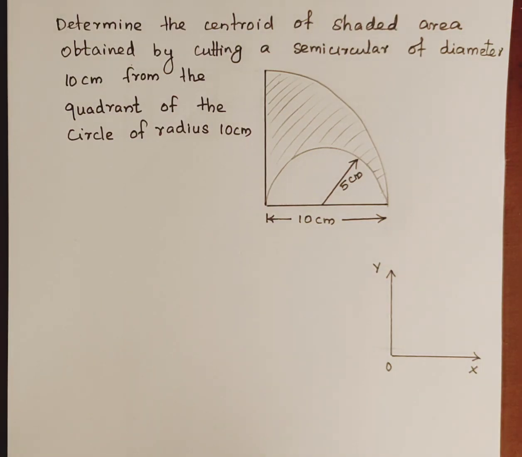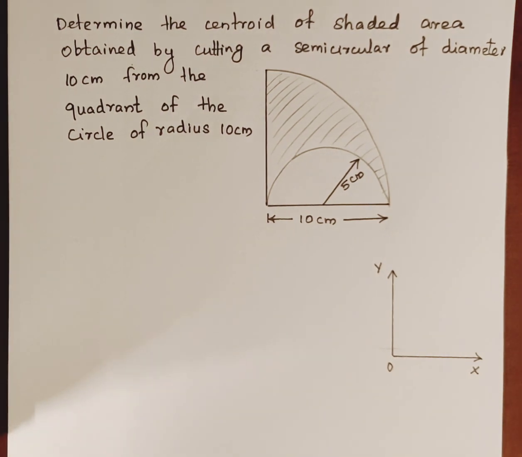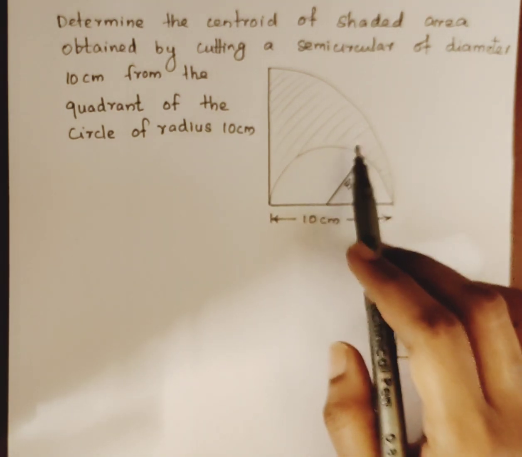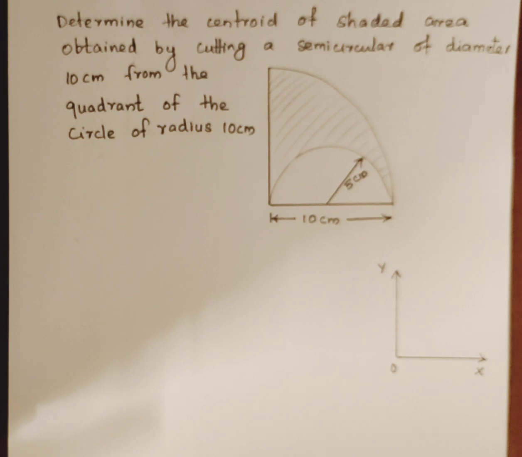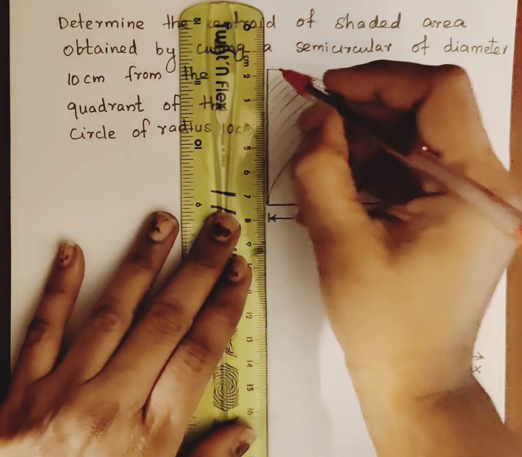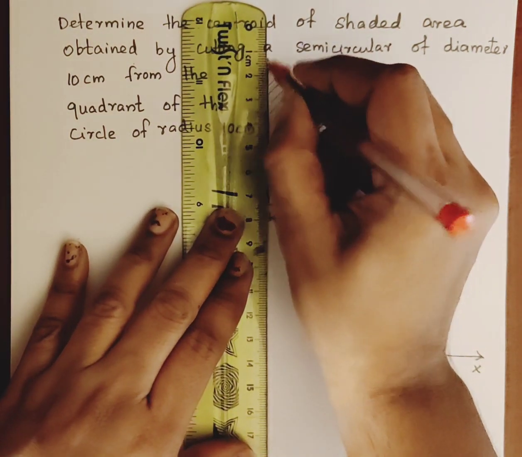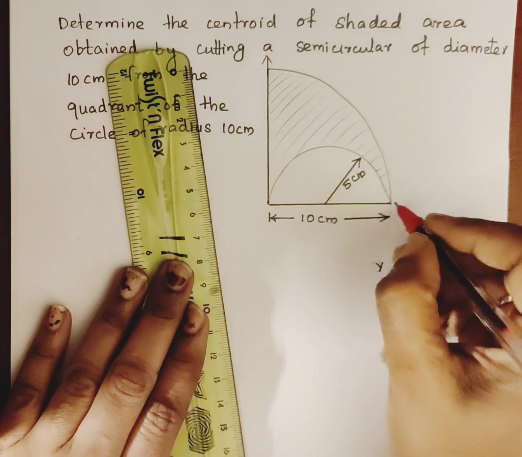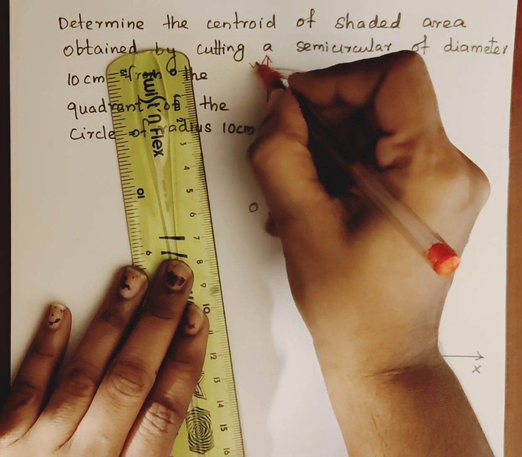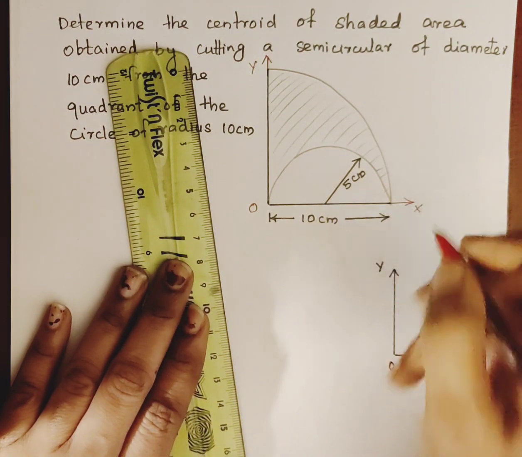So next we will see how to calculate the centroid of this composite section. This composite section consists of a quadrant and a semicircle. So first step is you have to draw the reference axis. So this is the OY axis and this is the OX axis.